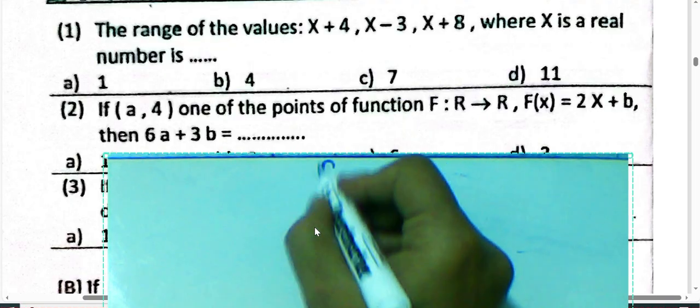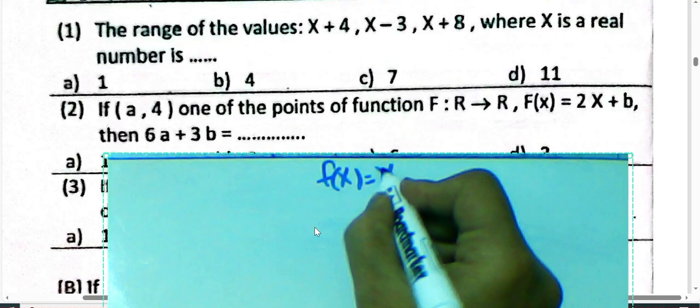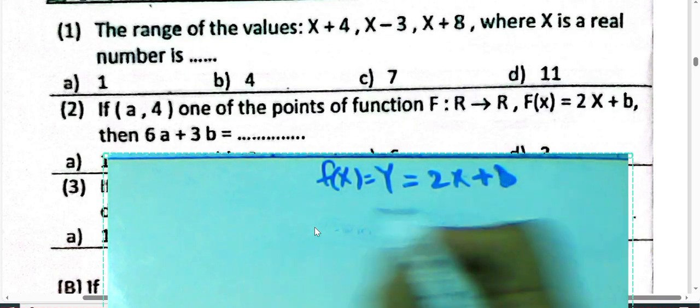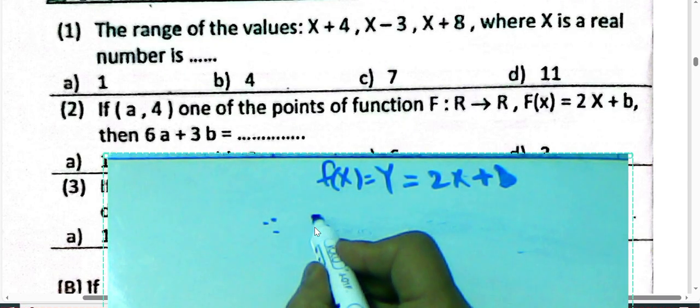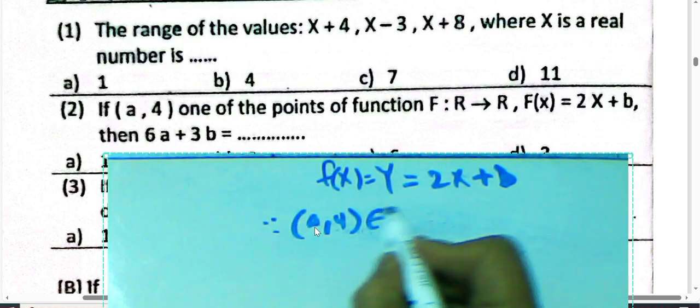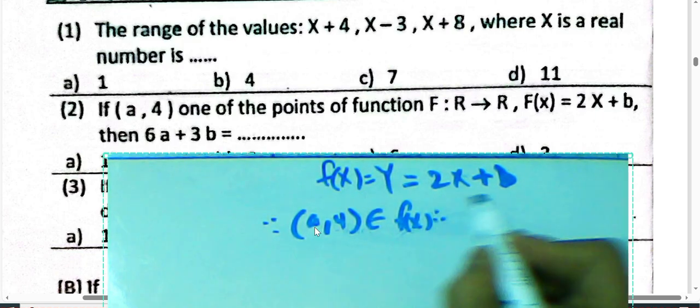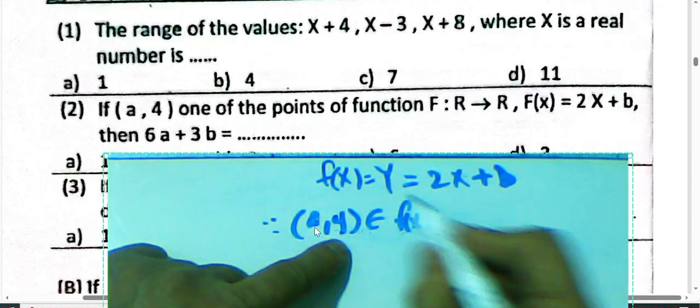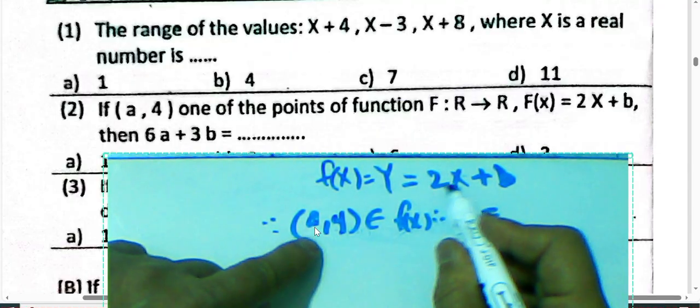We have f of x, the image y, equal to 2x plus b, and the point (a, 4) belongs to the function f of x. Then it satisfies it. Put here the value of y as 4 and x equal a, right?